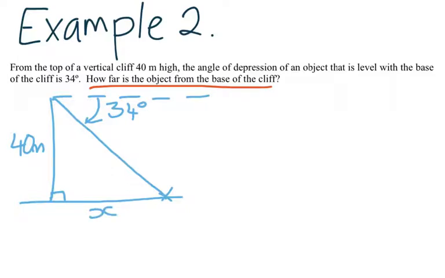Now there are two ways you can do this. You can use the properties of parallel lines, and I'm just going to draw this in yellow. You can see we have a Z angle here, which is an alternate angle, and it means that this angle in here is also 34 degrees.